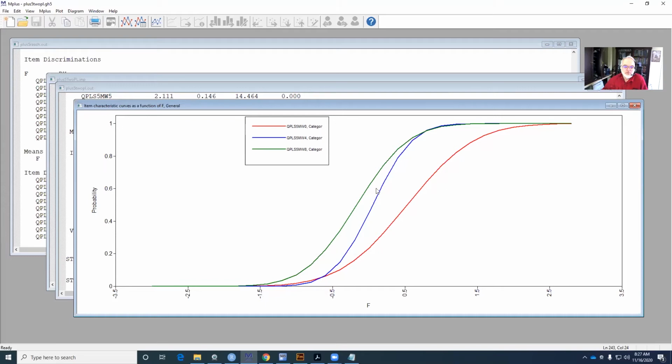You can think about an item characteristic curve as a cumulative response function. So it's the probability of answering the item correctly or of scoring a 1 given where you are on the latent variable. As I talk about in the book, another distribution you can look at is the probability density function.